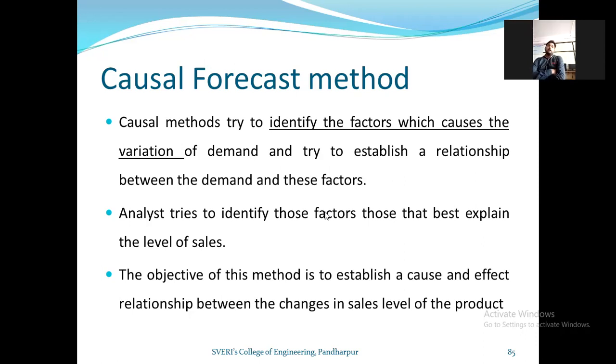Next point: analyst tries to identify those factors that best explain the level of sales.